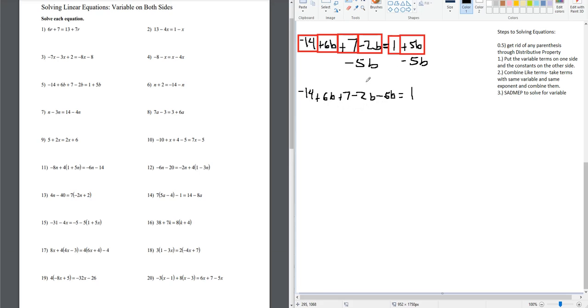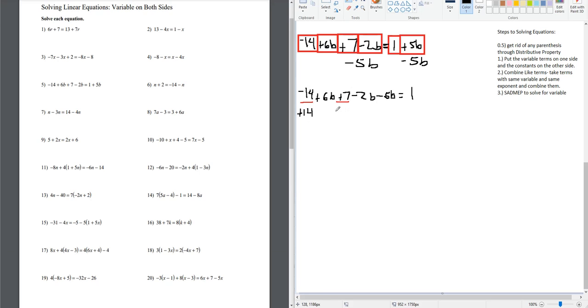And then here I'm going to move my constant terms. So this is a constant term and that's a constant term because they don't have variables, so they're constants. So if this is negative 14, I'm going to add 14. Remember, you just do the opposite of whatever it was doing before.